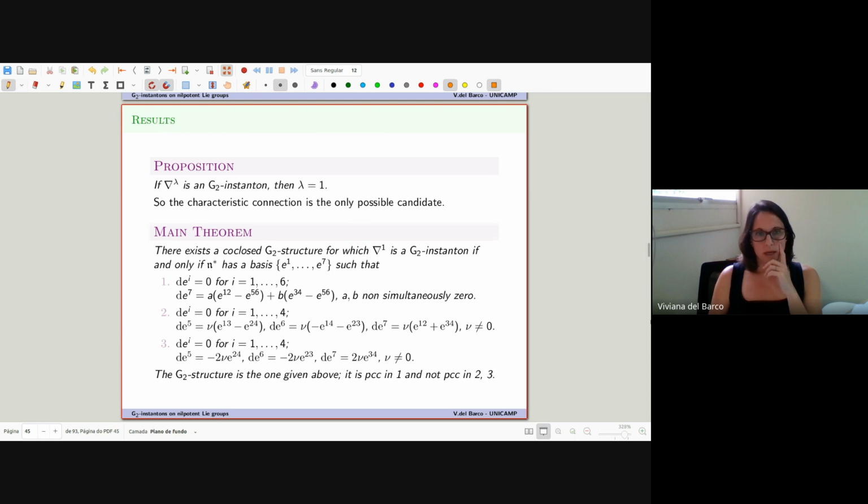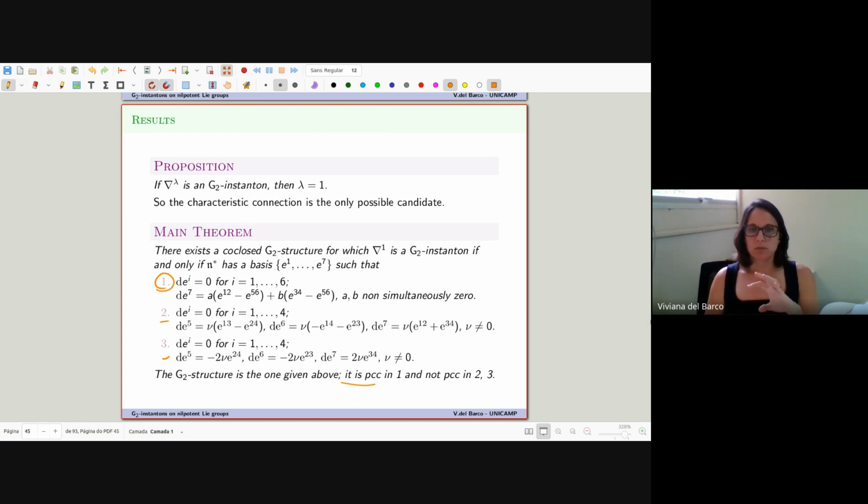We also know that in the first case, the G2 structure, the standard one of this basis, has to be purely coclosed. And in the second and the third, it is not purely coclosed. So it is coclosed, but it cannot be purely coclosed to be an instanton. Okay.